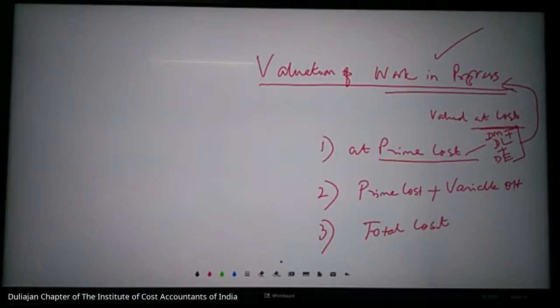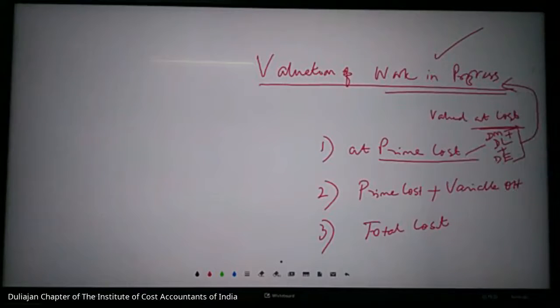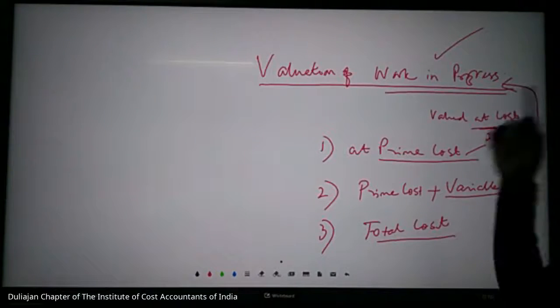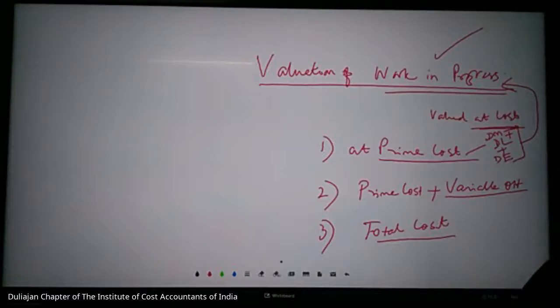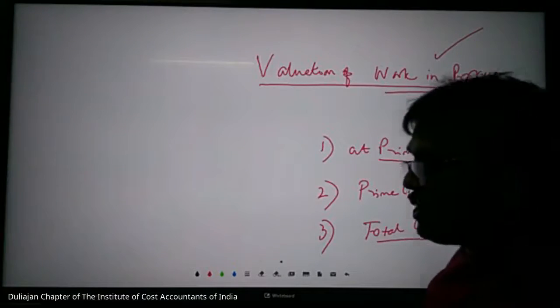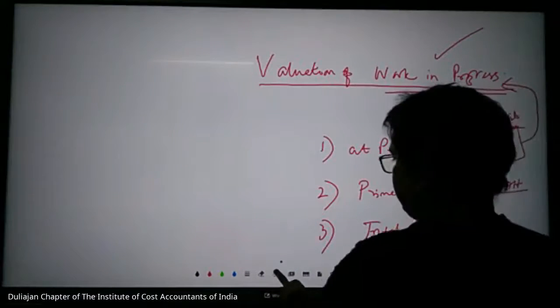Some companies say there are some variable overheads also, prime cost plus this, and some others show the total cost, whatever the total cost of production till this point. Everything has its own merits and demerits. Depending upon the size of the business, you can decide what should be your valuation method. This is one important aspect.